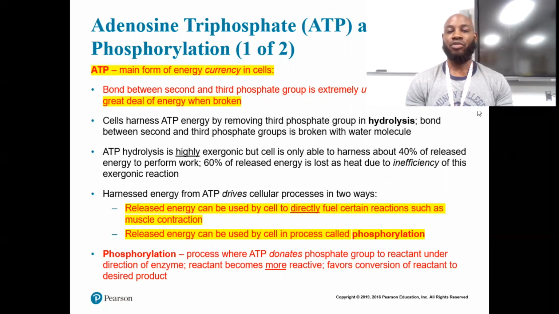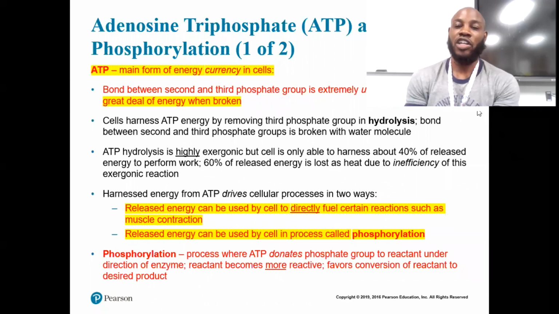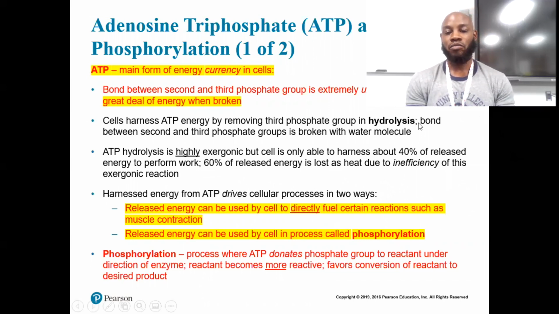And so when that is broken, it releases a great deal of energy, and we can use that energy in different ways. Cells can harness the ATP by removing the third phosphate group in what is called hydrolysis.